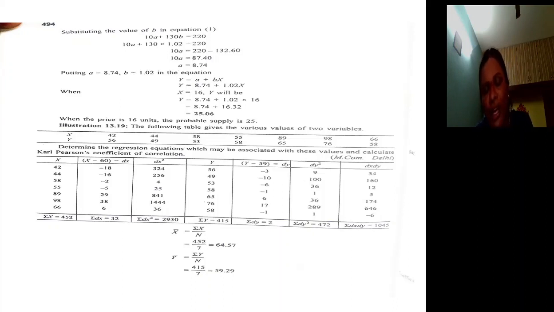Again, they took 59 as the assumed mean of y. We have values of y from 49 to 76, so 59 definitely will be there. They took that 59 based on the actual mean. The actual mean of y is 59.29 and the actual mean of x is 64.57.